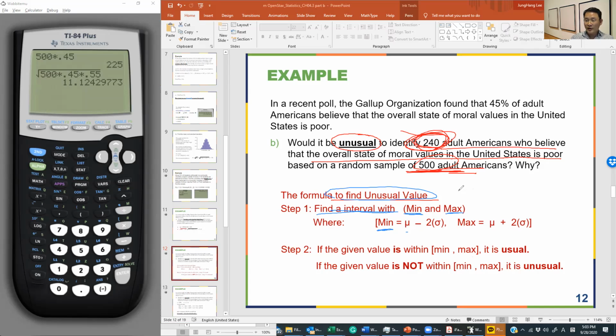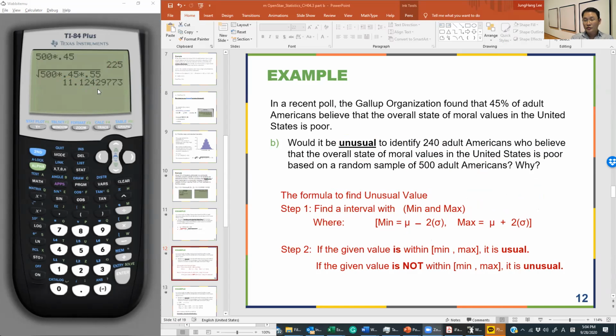What was our mu value? It's still here, right? 225. What was our standard deviation value? 11.12, right here, right? So let's use these two values to put it in there. Let me actually clear this.